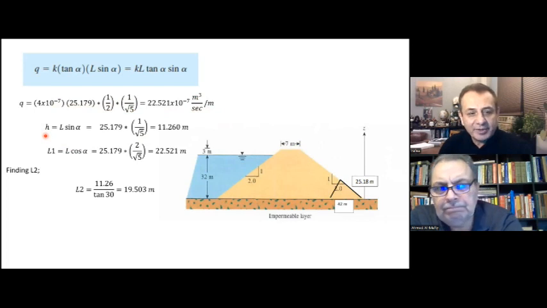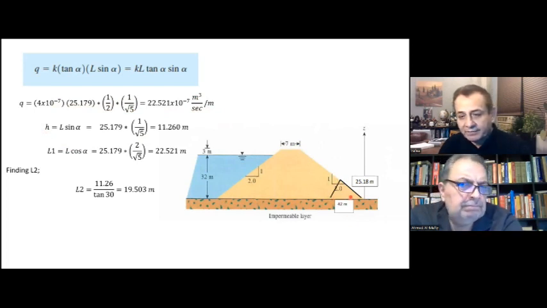Going to the geometrical equations to define the filter. The filter here adopted the inclined part equal to L, which is 25.18. And here we have L1 plus L2, and this is H as we defined it before.